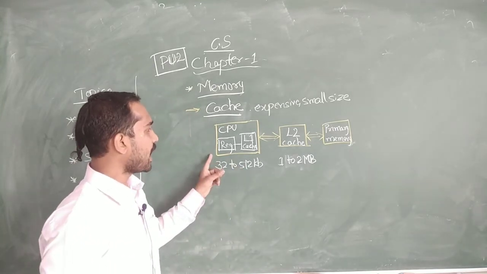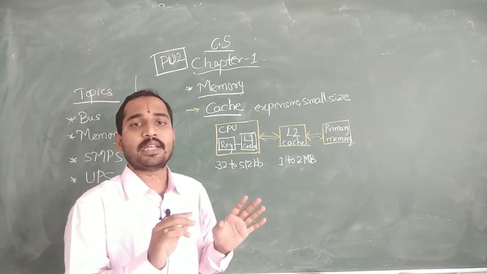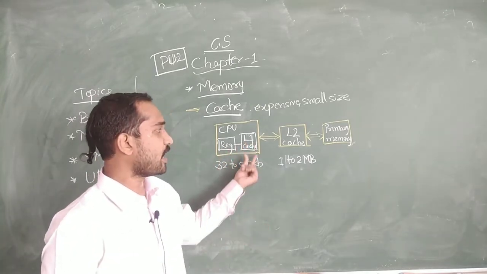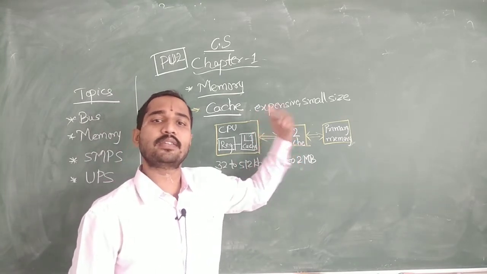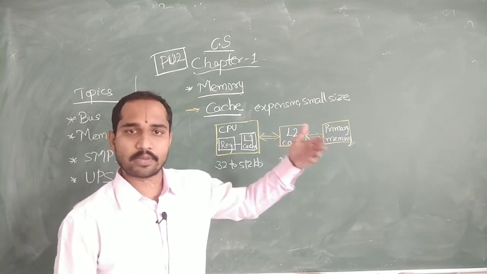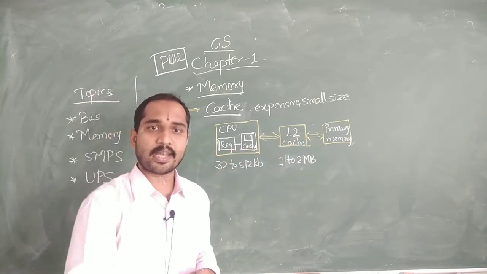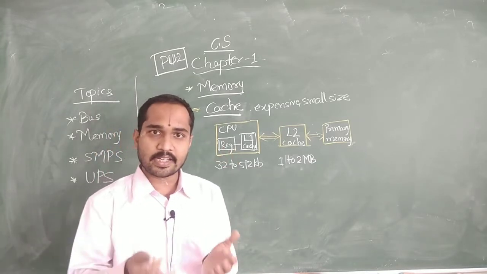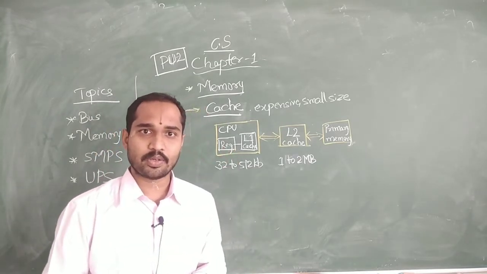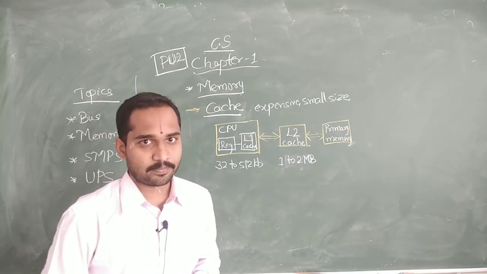Okay, now that cache memory is also divided into levels like L1 cache, L2 cache. Even some laptops have L3 cache also: level 1, level 2, level 3, like that. Okay, L1 cache is situated inside the CPU itself, with the registers. Meaning the processor has a small amount of memory.